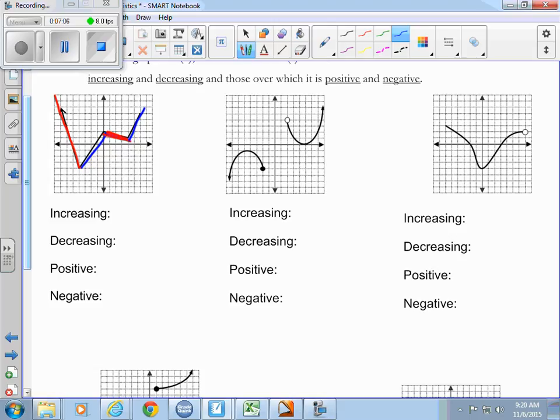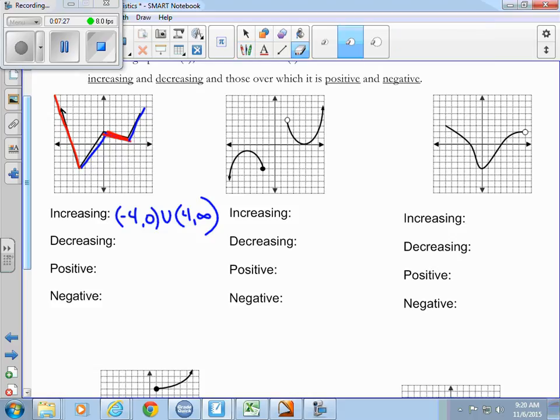So everyone see how that works? Now I'm just going to label that increasing. It's the blue stuff. So from negative 4 to 0, and 4 to infinity. Oh, goodness. No, you're right. It doesn't have an arrow. I agree with you.